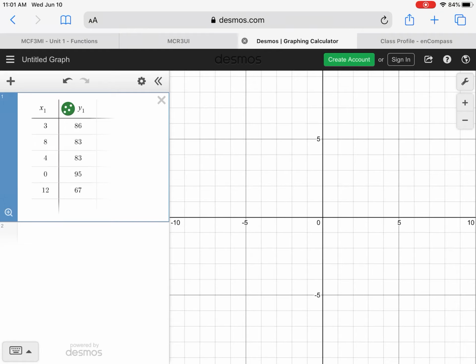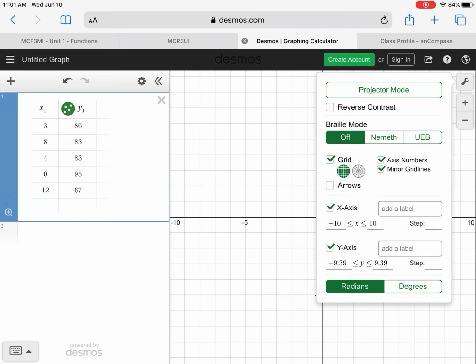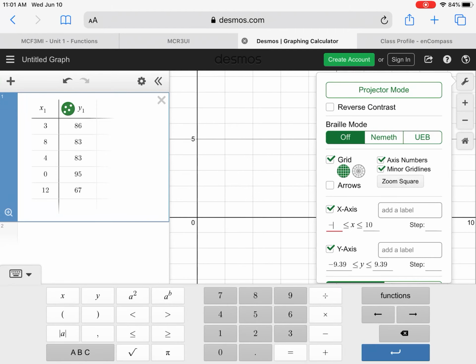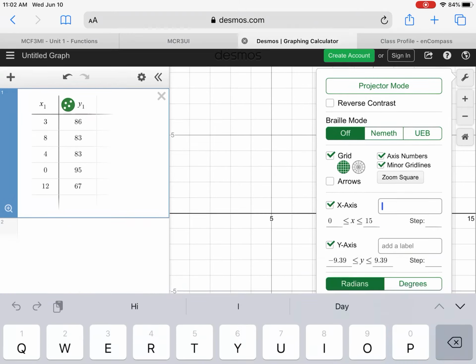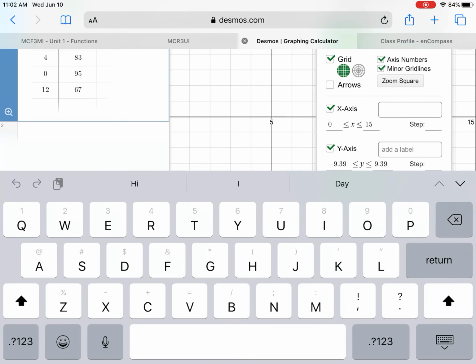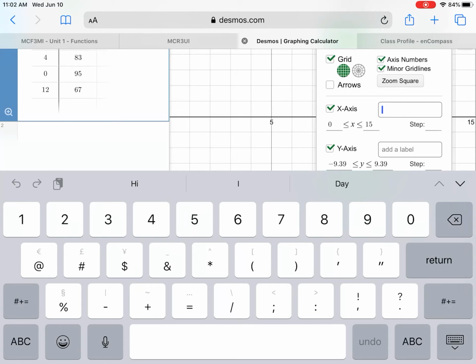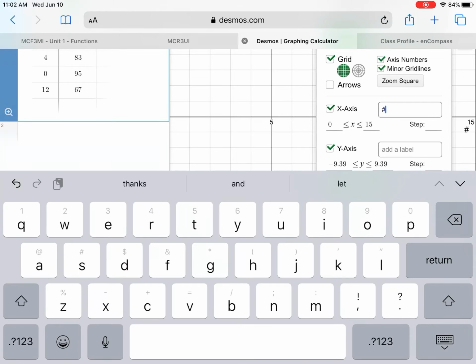So, taking a look at Desmos. I've already put my points in here. Remember, we find our table at the top here with our plus sign. Click on table to enter our data. We notice as well that we need to change our axis, so again, our wrench. We're going to input the same values that we did for our actual graph, so 0 to 15.